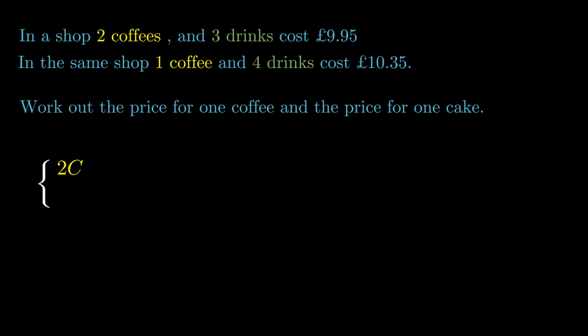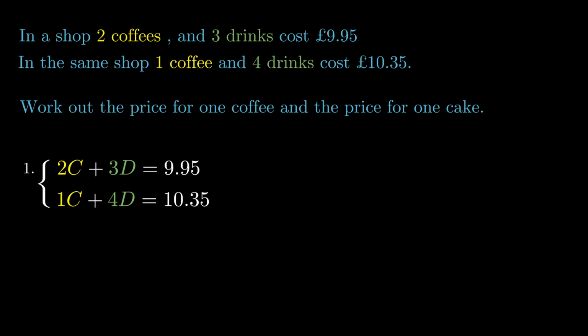So 2 coffees will be 2c plus 3 drinks, which is 3d, is equal to £9.95. And from the second line, we can construct 1c for 1 coffee plus 4 drinks, which is plus 4d, and that is equal to £10.35.